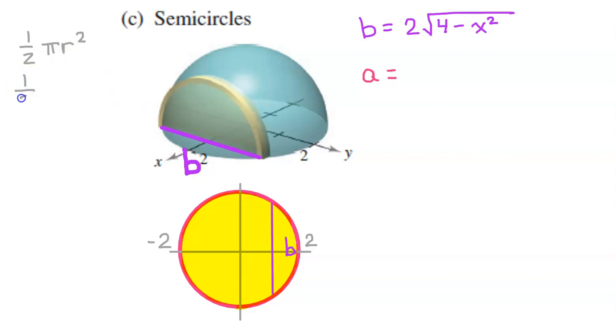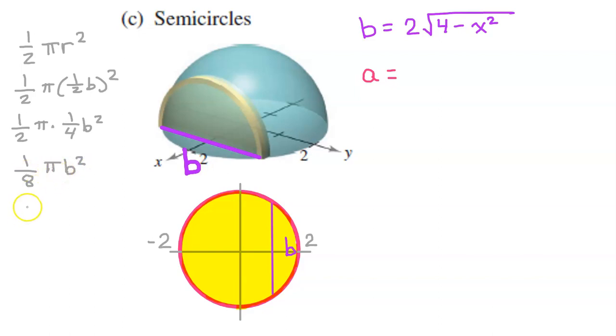That gives us 1/2 pi times 1/2 b squared. If you square 1/2, you get 1/4. So we have 1/2 pi times 1/4 b squared. 1/2 times 1/4 is 1/8. So we have 1/8 pi b squared.